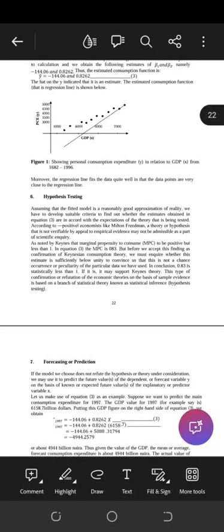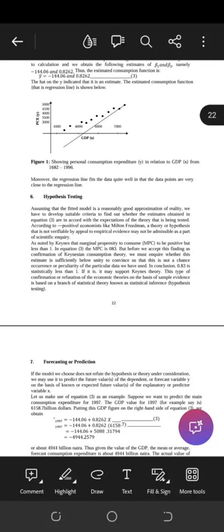So coming to talk about hypothesis testing proper, we proceed by assuming that the fitted model, which is the regression line, is a reasonably good approximation of reality. So we have to develop suitable criteria to find whether the estimates obtained in equation 3 are in accord with the expectations of the theory that is being tested.